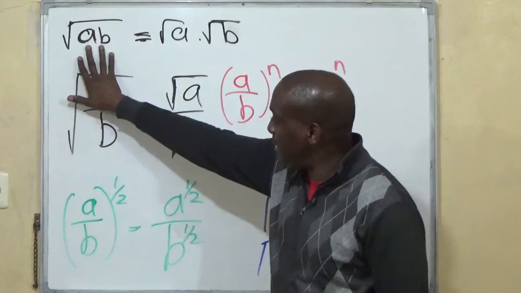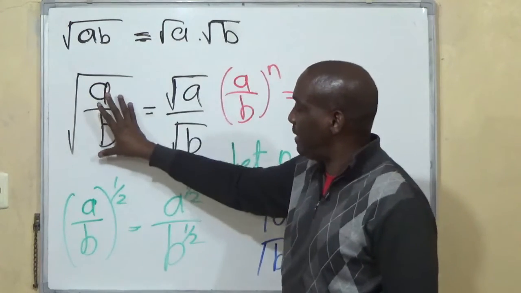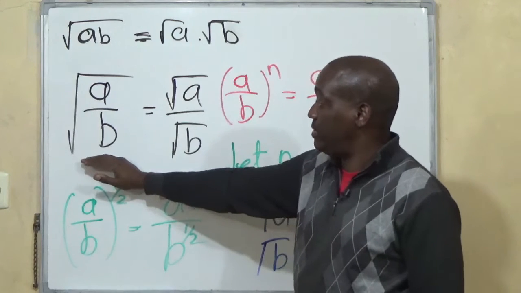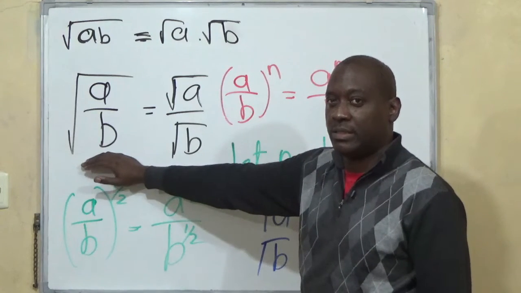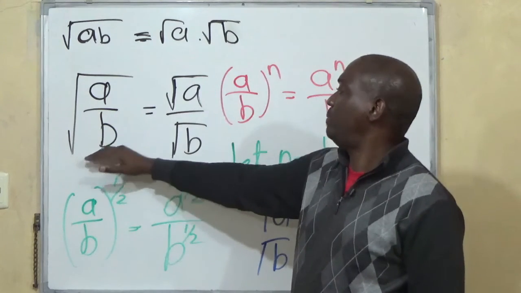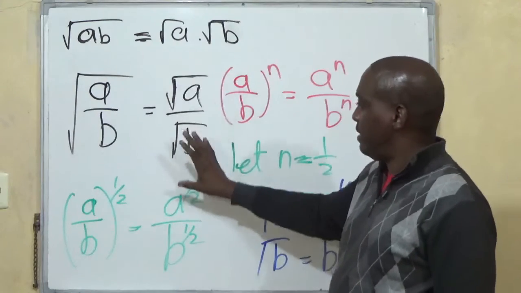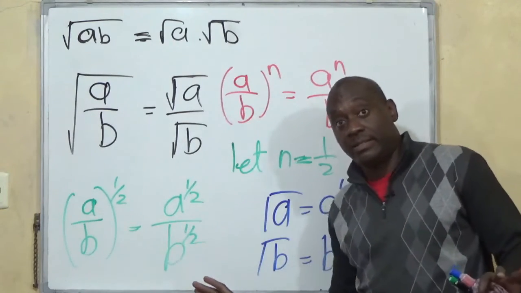The square root of AB is equal to the square root of A multiplied by the square root of B. Same thing over here. You have the square root of a quotient, A over B. So the square root of A over B is equal to the square root of A divided by the square root of B. End of discussion.